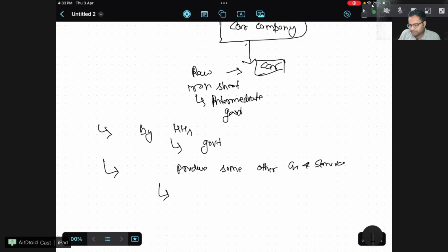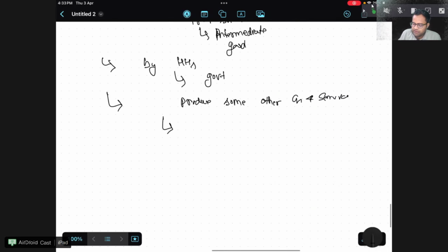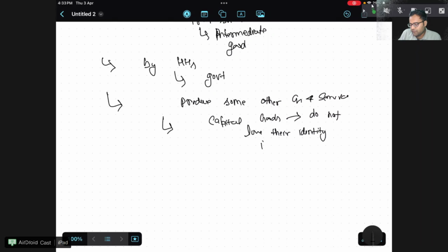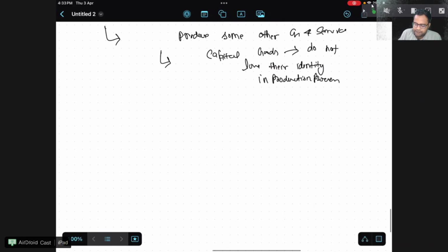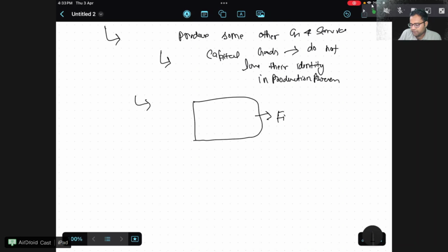For example, these types of goods are known as capital goods, because they also do not lose their identity in the production process. Take an example, if there is any firm which is producing, the same example we can take, let's say a biscuit company.